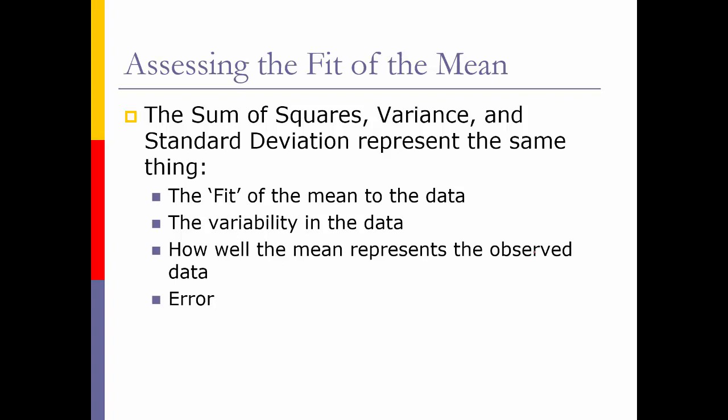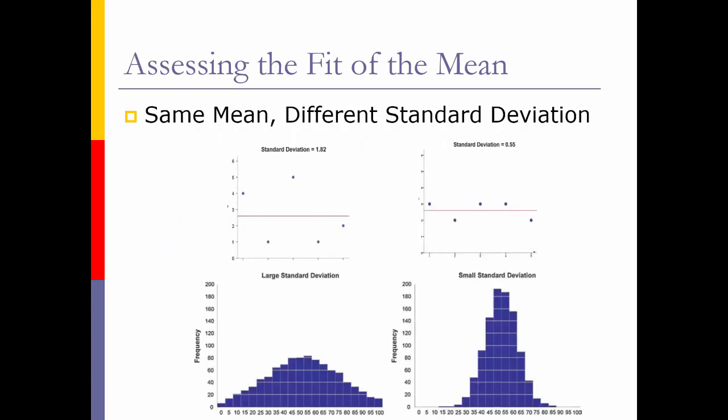Now let's look at something that has the same mean, but a different standard deviation. And this is why the standard deviation is a better tool to be able to describe our sample set. So it has the same mean. There's about the mean. There's about the mean.